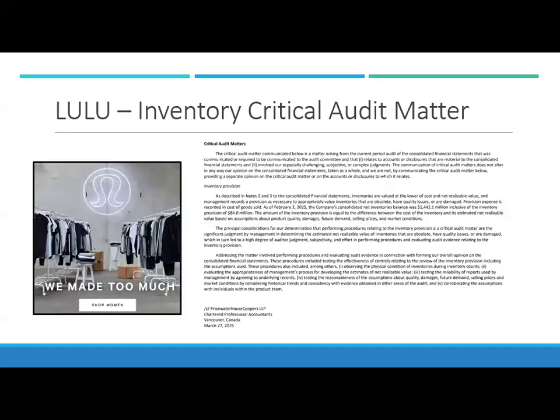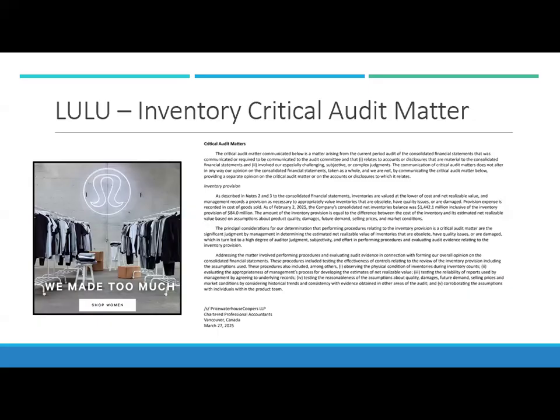And this is the "we made too much" situation. It's a little bit old, but basically they made too much of their inventory and then they had to clearance it all out to sell it. And so they needed to make a lower of cost or market adjustment. And $84 million is not a small amount of money.